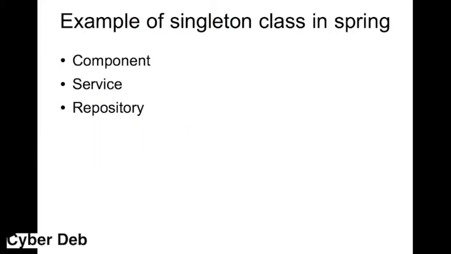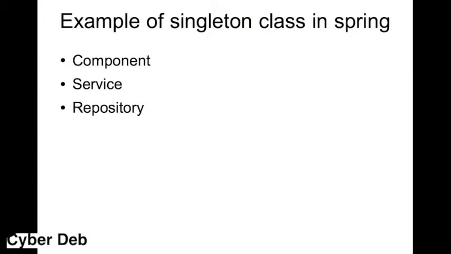Finally, we are going to use this singleton design pattern in our Spring application. In a Spring application, I have given some examples of different parts which are singleton: a component, a service, a repository. All these are going to be injected into the different parts of the Spring application.